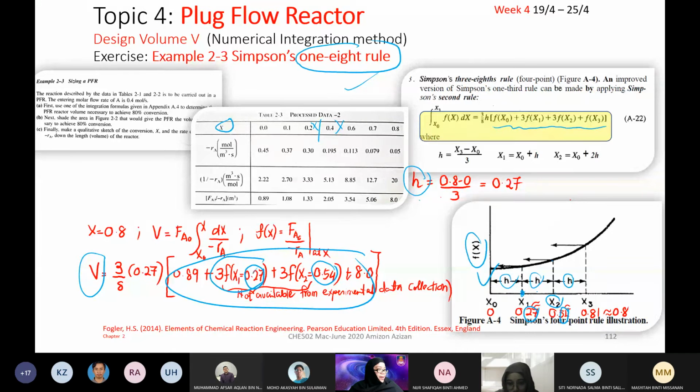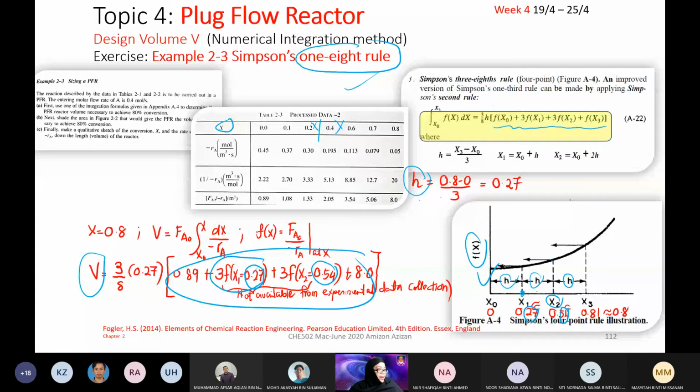Betul lah kot. Sekejap, saya nak pin Afsar. Pin Afsar. Where is he now? Gone. Sini. Betul lah. Tadi saya tak pin, keluar pin pula. Nampak dua dah.